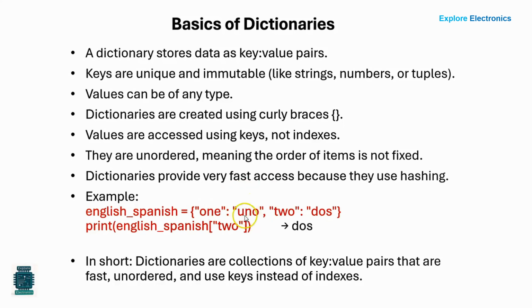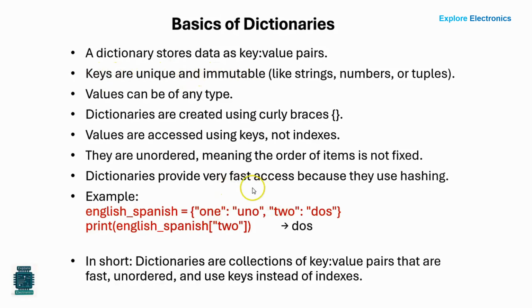If I want to access any value, I have to take the key. Here, if I take one, I can access uno. If I take two, I can easily access the dos. Clear with it? That is how we can store the data in a dictionary and how to access it. Keys are unique and immutable.